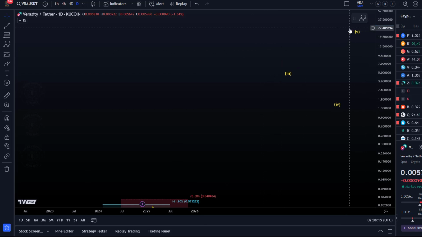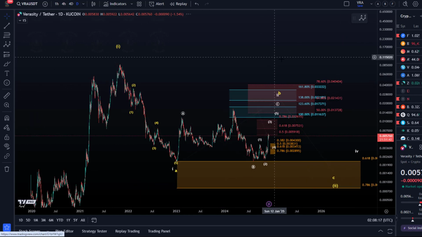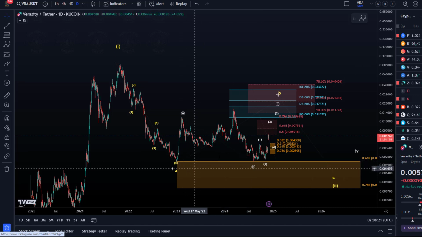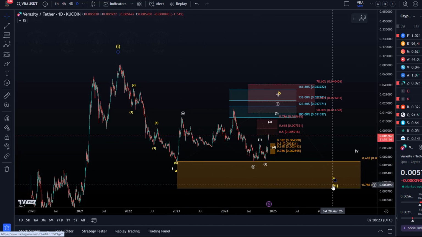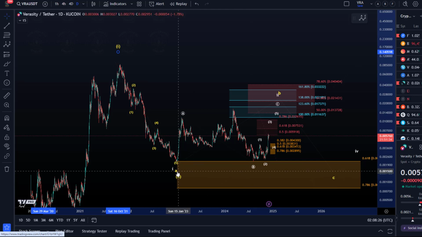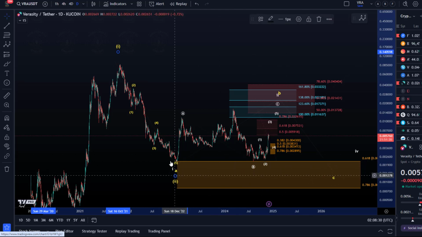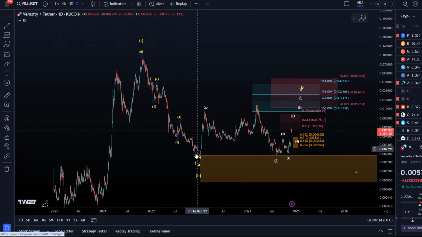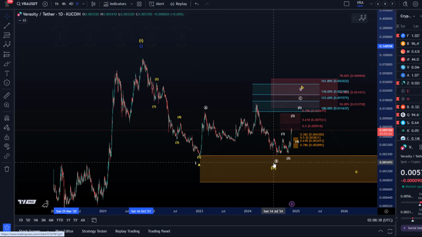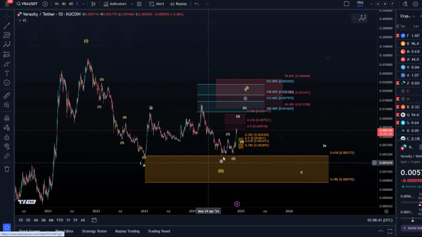But I think based on this rather unreliable double bottom structure here, I don't see it as very likely that the wave 2 bottomed here already, even though we are holding above support. I can't really justify this as the low of wave 2. Also not really here. I mean, anything is possible.